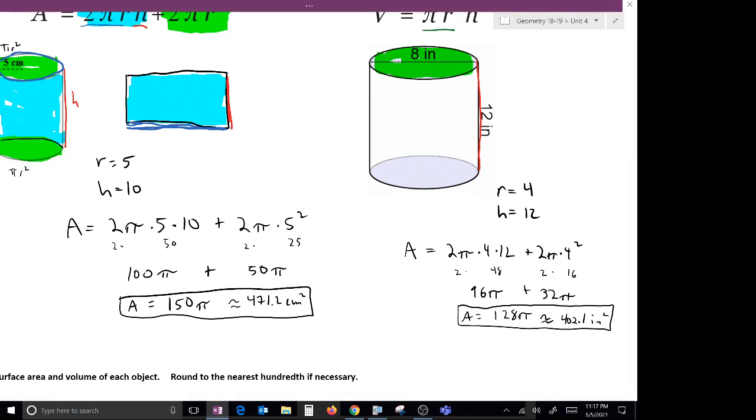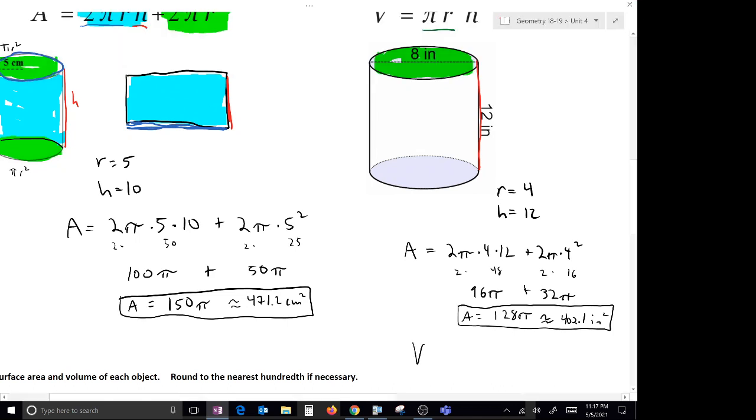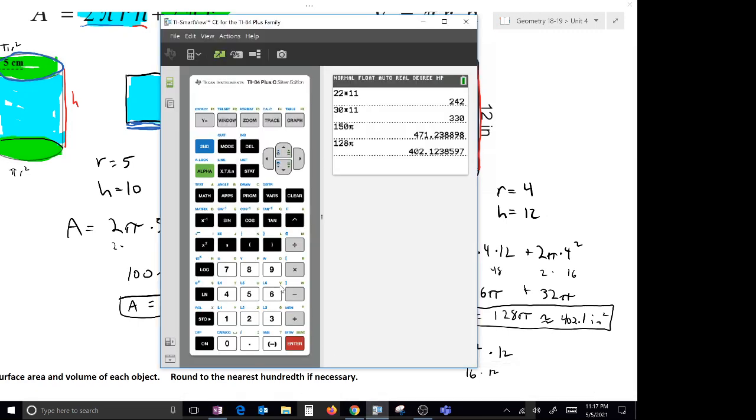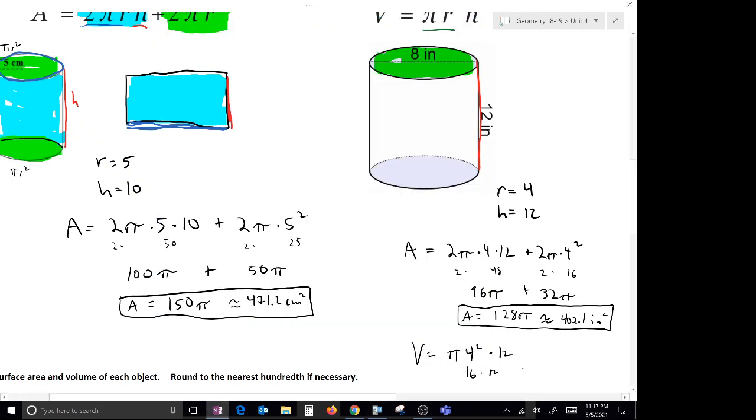So for volume is going to equal pi 4 squared times 12, so that's going to be 16 times 12, which is 192 pi exactly.